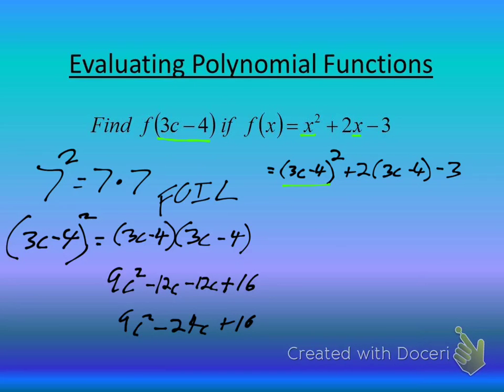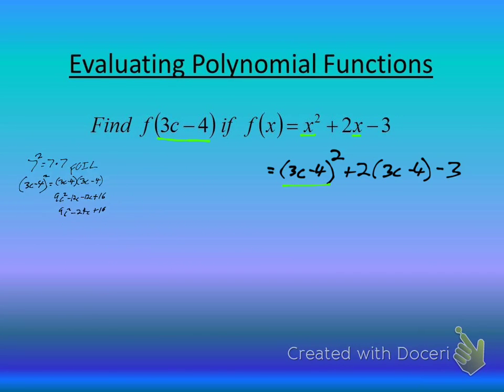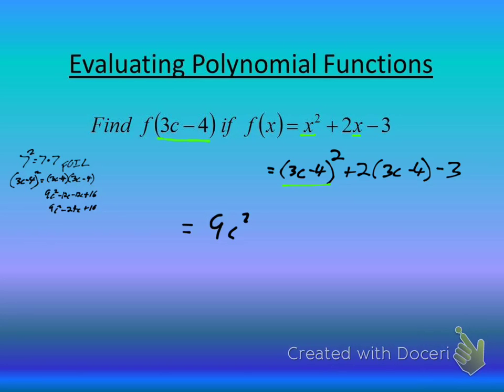Everybody good? Understand what I'm saying with that? Simplify. So equals 9c squared minus 24c plus 16. What do you do with this 2? Distribute the 2.